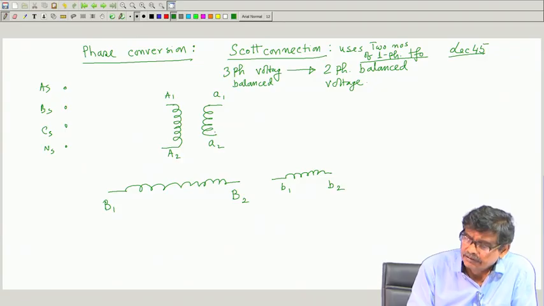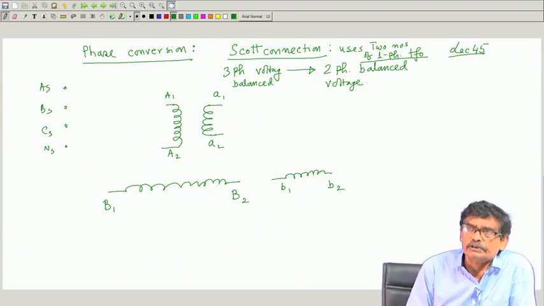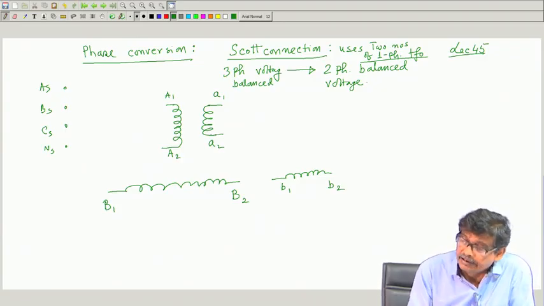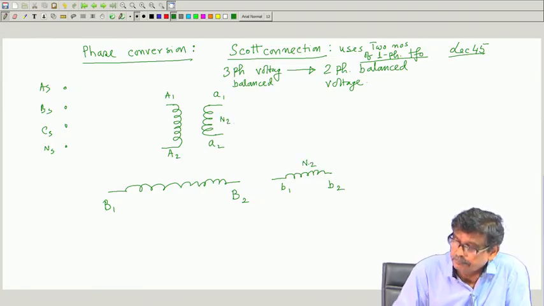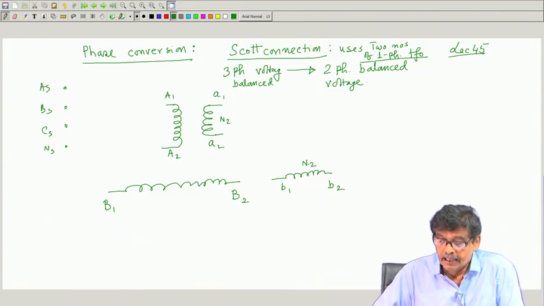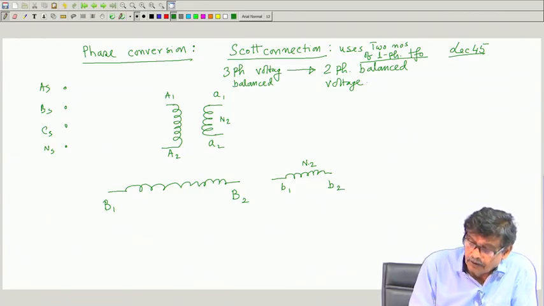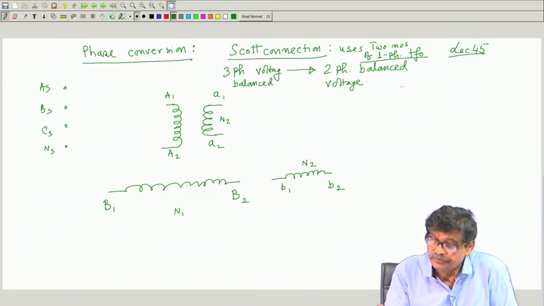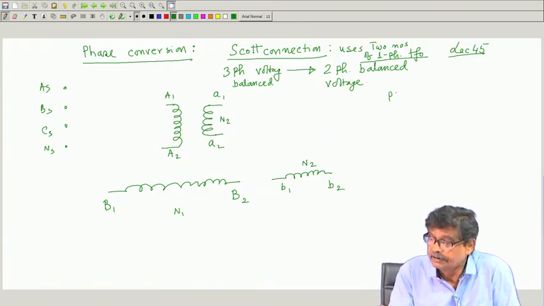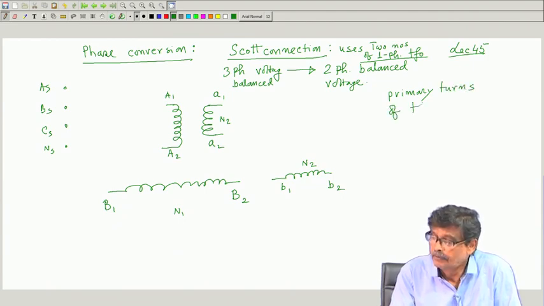What happens is this, you select these 2 transformers in such a way that the secondary turns are equal, N2 N2. And the primary turns of transformer B is N1, suppose.